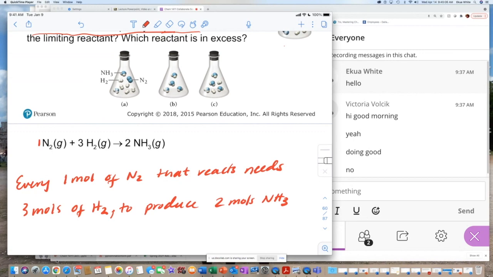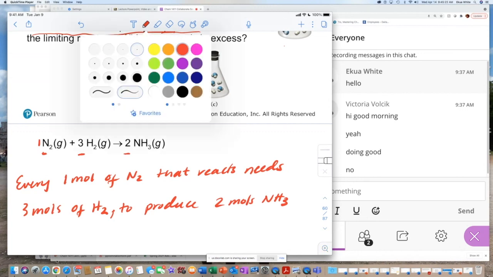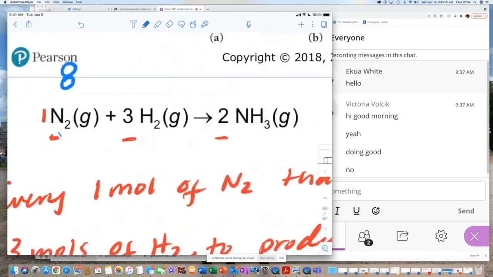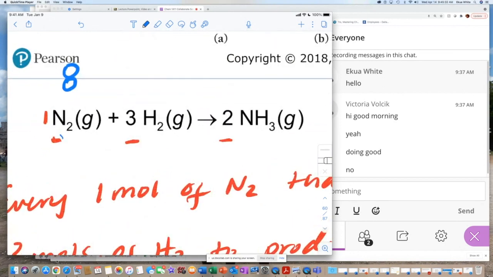Now remember, the mole represents amount, right? You could have said molecule, but we get the amount. The relationship is for every 1 of this, we have 3 of this to make 2 of this. Okay, now we have to relate this to the picture, right? N2 will be 2 circles stuck together. So I'm going to draw a picture here. N2 will be 2 circles stuck together because the N2 molecule is two of the same nitrogen atom.